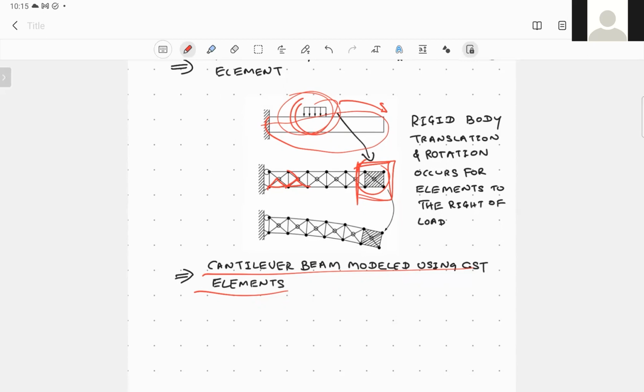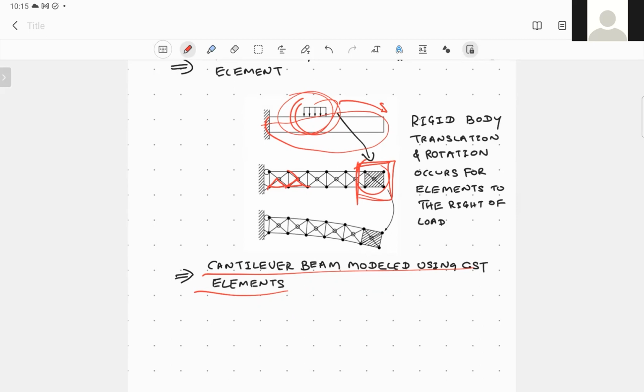The idea is just to show you how this cantilever beam has been modeled with the plane stress elements by considering rotation and stretching, as well as changing of the shape, taking such things into account, which we have already considered when we were deriving this element stiffness matrix.